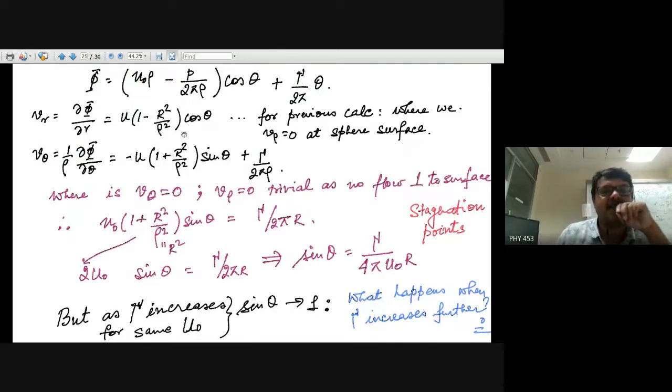So here in this case, we are going to just write down u0 rho cos theta minus p over 2 pi rho, right? And this is the scalar velocity potential for a vortex flow.